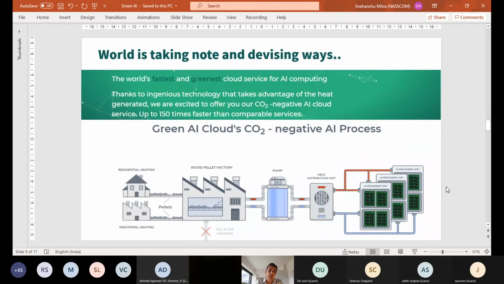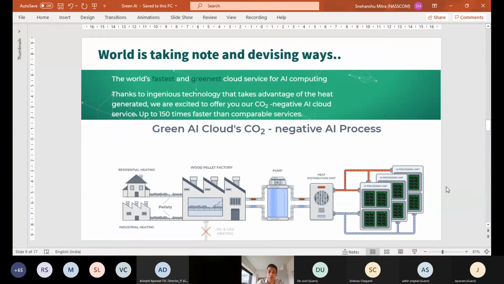The other thing that we are looking at is this whole concept of being carbon negative. It is a mechanism whereby cloud service providers are selling their services as being not just carbon neutral but carbon negative, where the heat generated by your AI processing units is progressively pushed to different factories that can make use of it as a viable source of power.